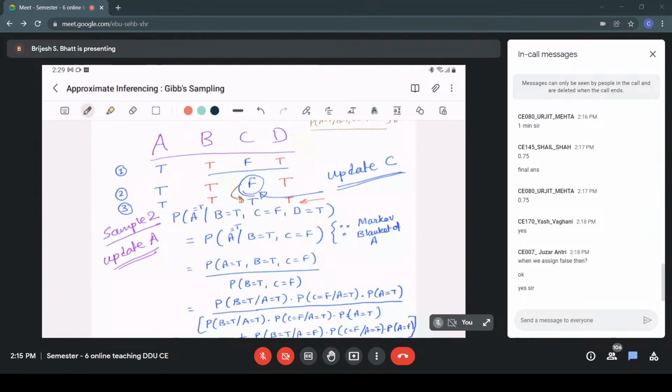So what we are trying to do is start with a random sample and keep on updating, flipping the value of one random variable at a time, until we reach a sample which is true to the underlying distribution, that is, under our conditional probability table and Bayesian network graph. We keep on repeating this process thousands of times, and then we start collecting samples on which we perform inference.